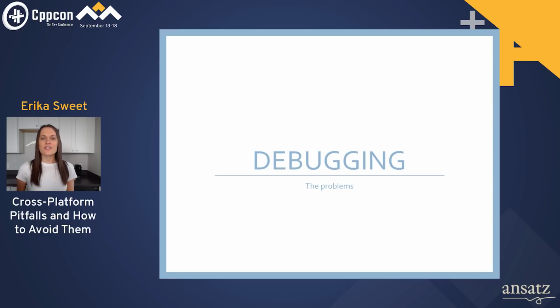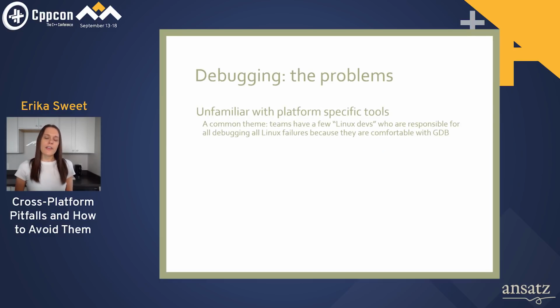And with that, we can jump on into the third section on debugging. And again, I'm going to start with the problems. One thing that I hear repeatedly from customers is that they're unfamiliar with platform-specific tools. And this might be especially true if you added support for a second platform after your project already existed.